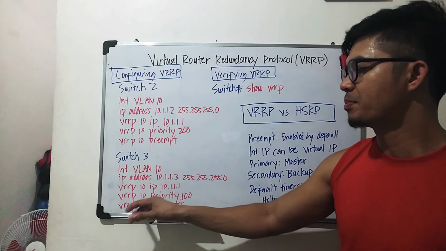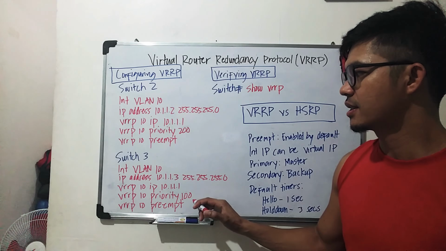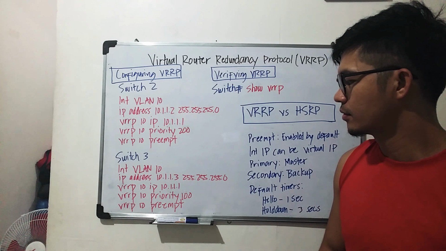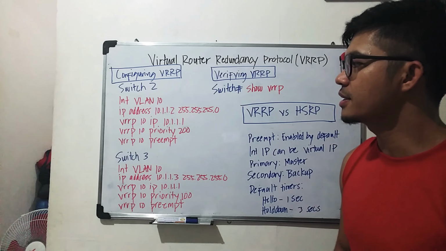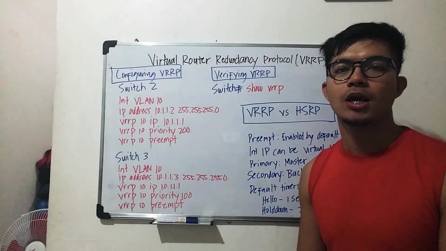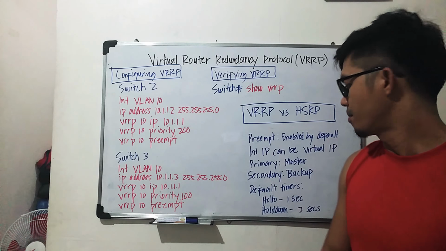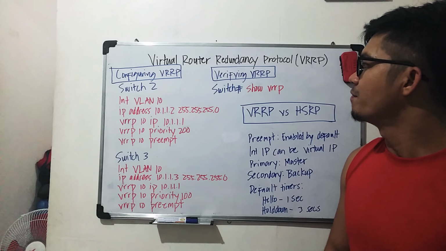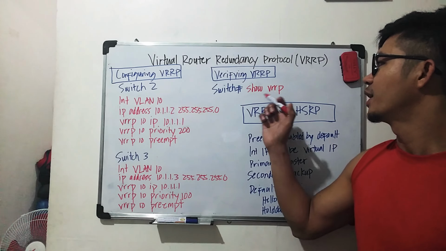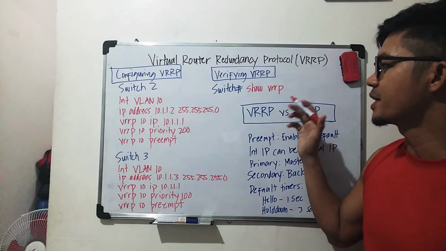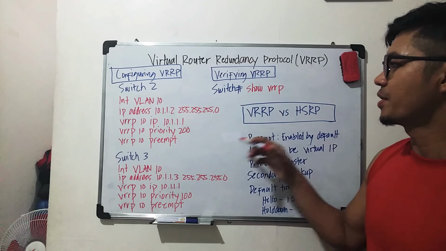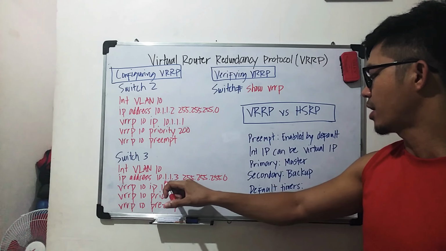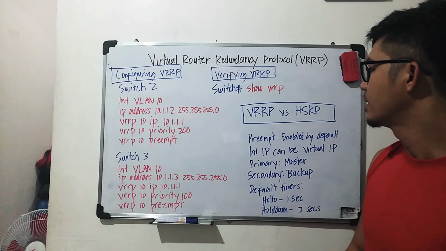Also VRRP 10 preempt is enabled by default, unlike HSRP. So that's how you would configure the master router and the backup router. To verify, you just have to type show VRRP and you would see the individual interfaces. In this case, you would see this as the master router and this is the backup router.